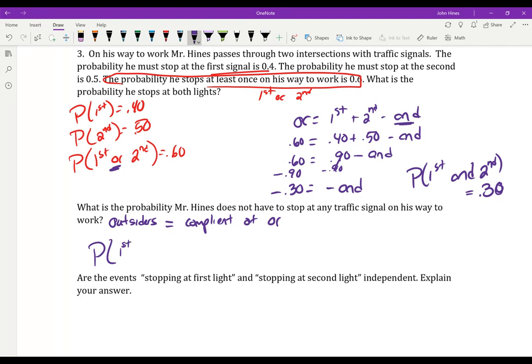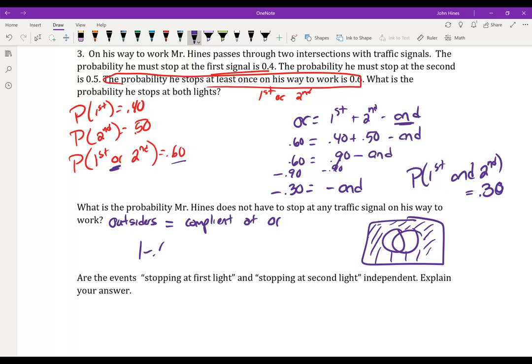I don't want to stop at any lights here. So on a Venn diagram, I want to know what are my outsiders. So I know OR is 0.60, so it's 1 minus 0.60. 0.40 is my outsiders. If I don't want to stop at any lights, I have to live on the outside. And the outside is the complement of OR.